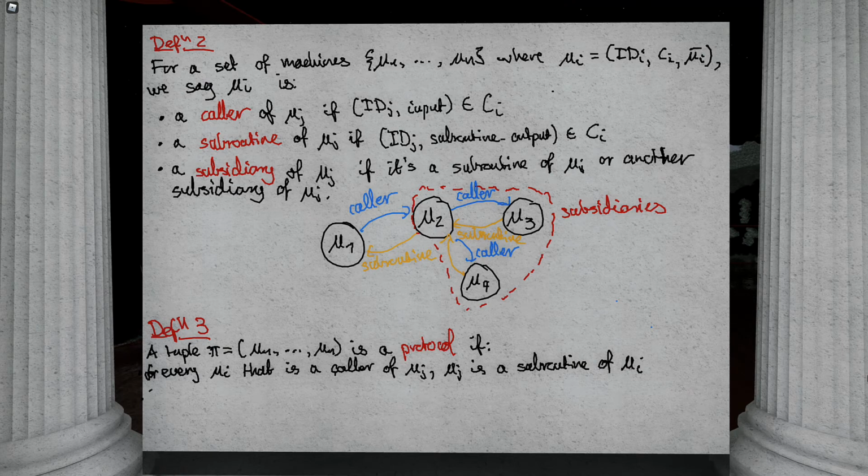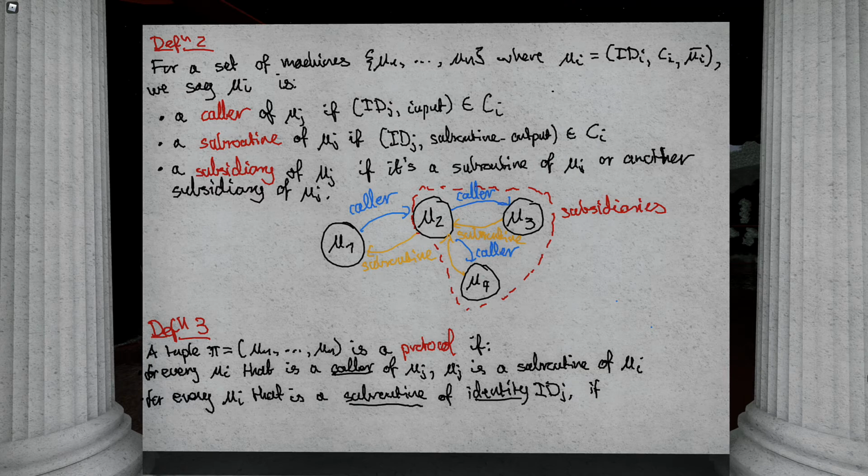and for every mu I, underline caller because that will be important in a sec, that is a subroutine of an identity, not necessarily a machine, identity IDJ, if some mu j has identity IDJ.